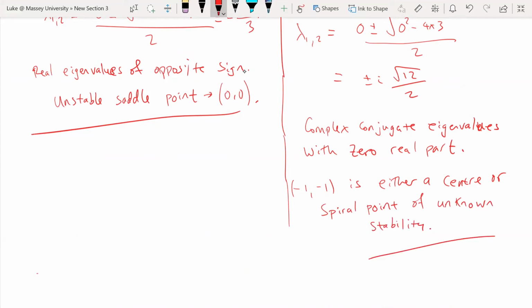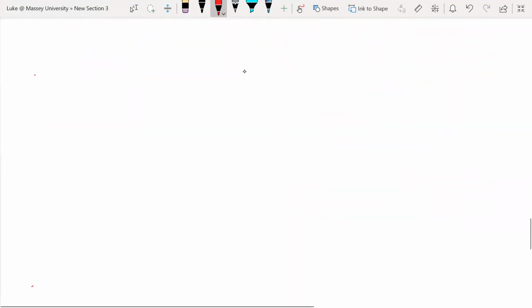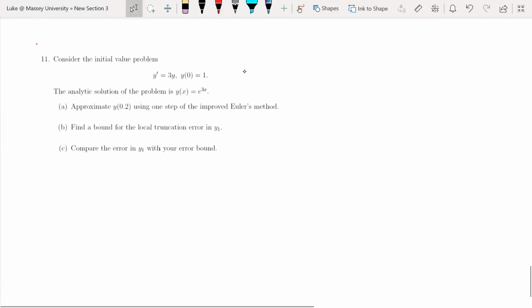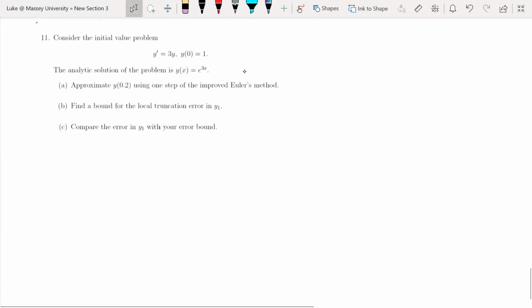Okay. So again, in your test 3, you're going to have to do this probably multiple times. You're going to have to classify the critical points of nonlinear systems. And the other thing that's going to be in test 3 is numerical methods. Here we're going to solve some basic, simple first-order ODE using the improved Euler method.